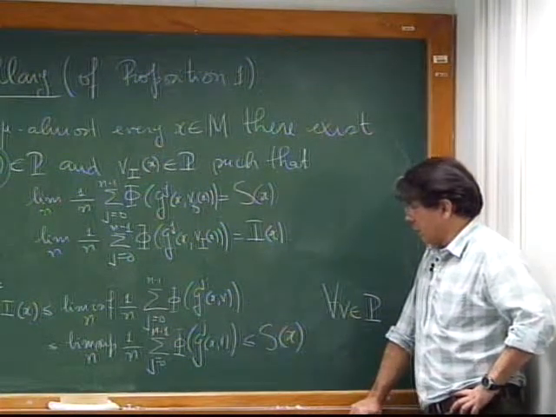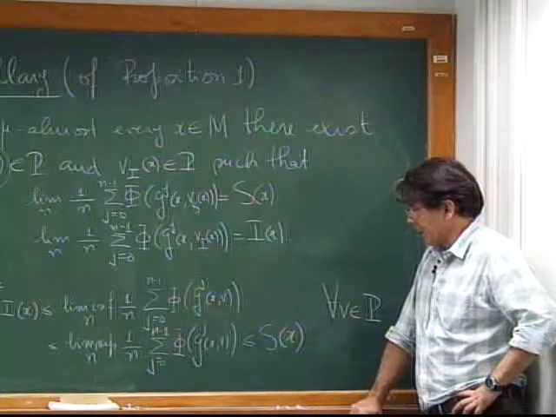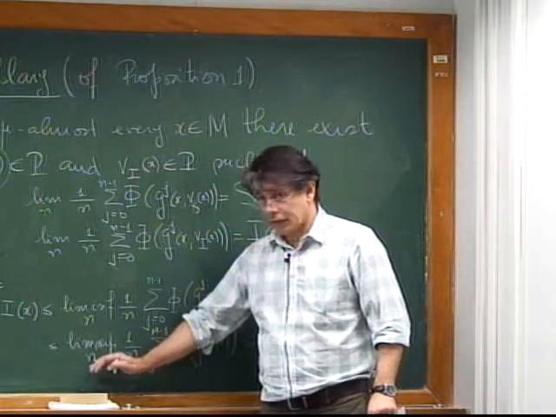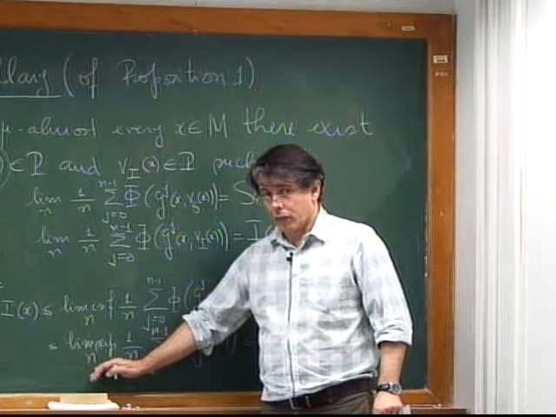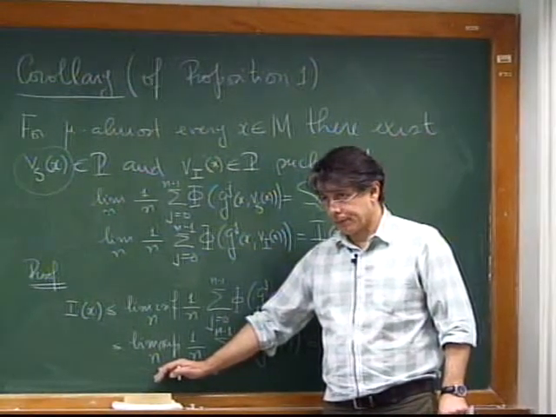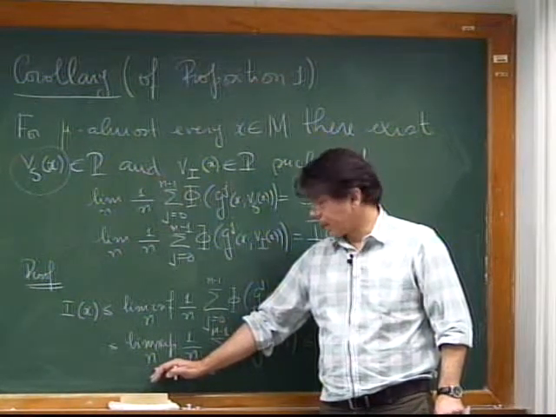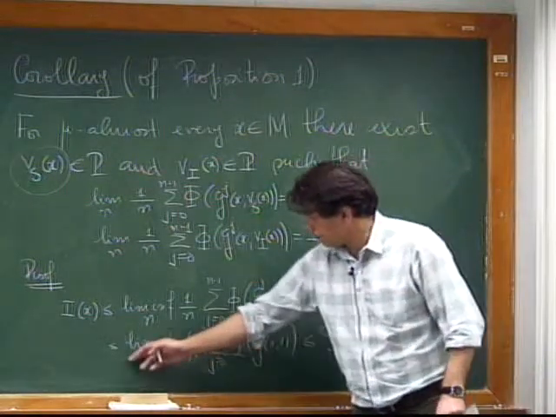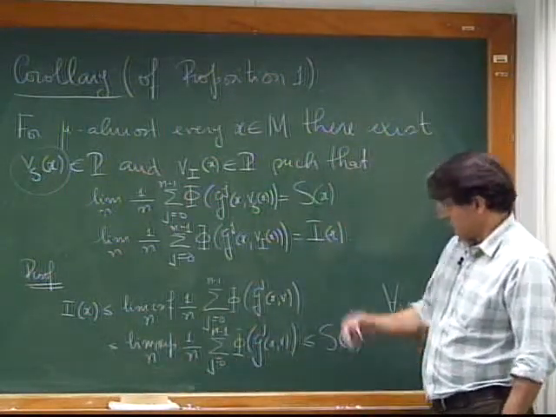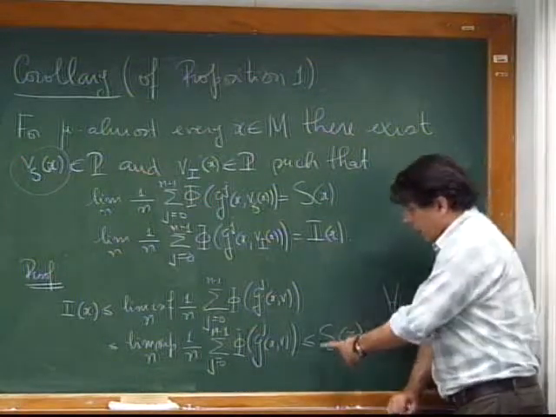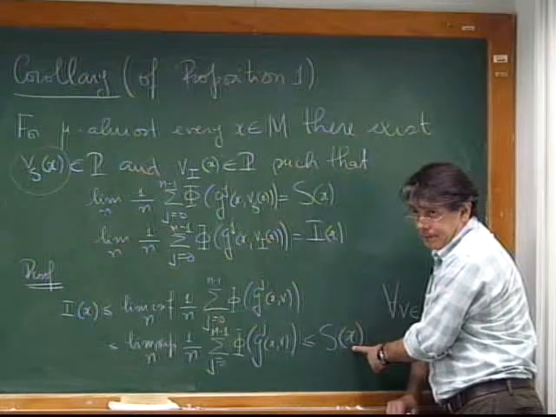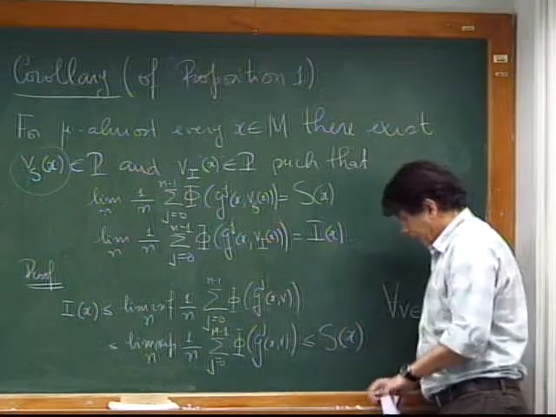So we have the following situation. This lim sup is a limit almost everywhere. What is written here is phi twiddle. It's a limit almost everywhere.